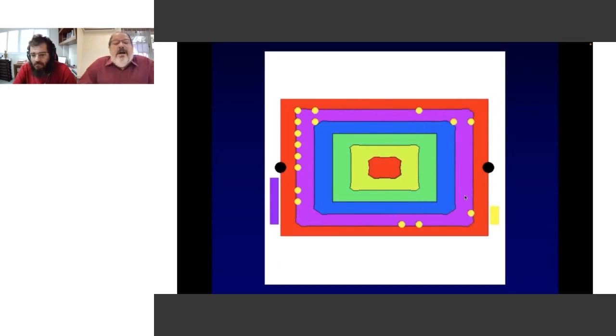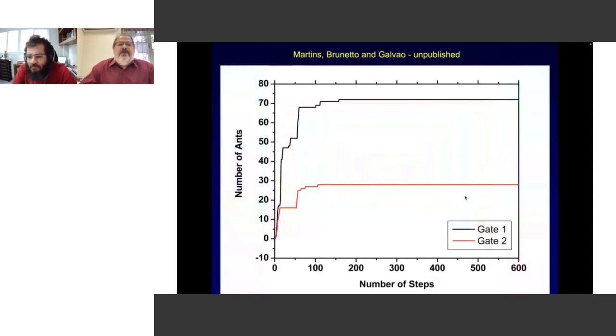Now I create a repulsive potential in the center of it, to act as the insecticide. Now I count the number of ants leaving from left and right, and I see there is a break in symmetry. Gate 1 and gate 2 become different.